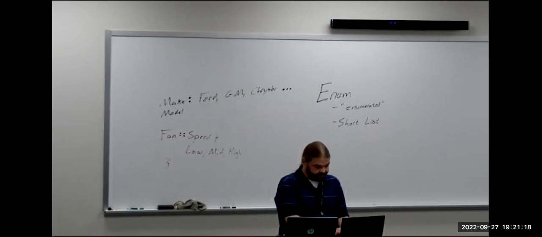I pull up my example syntax so I don't accidentally skip anything. Wait, I thought it was from this last one. This one. Yeah, that's it. Oh, no, that's not it.